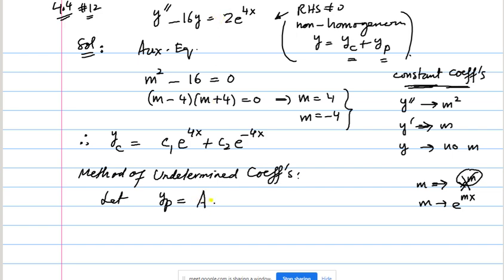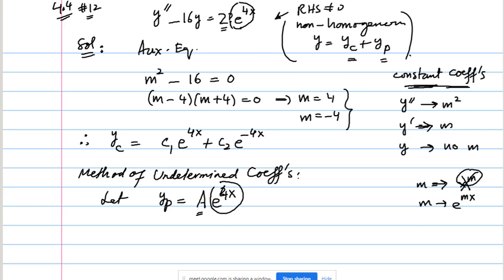If the constant is 2, introduce your own constant, and the exponential will remain the same. This e to the power 4x will remain the same, but 2 will be replaced by your own a.